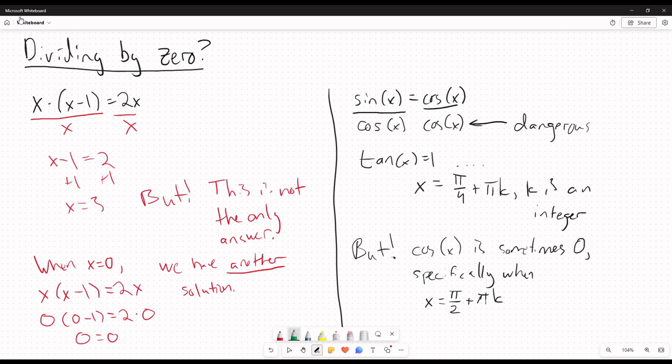So kind of the takeaway here is that when we divide, we should check that we didn't lose any solutions.